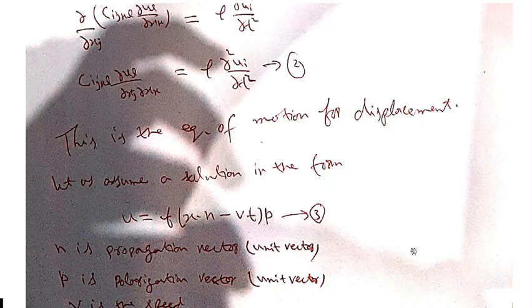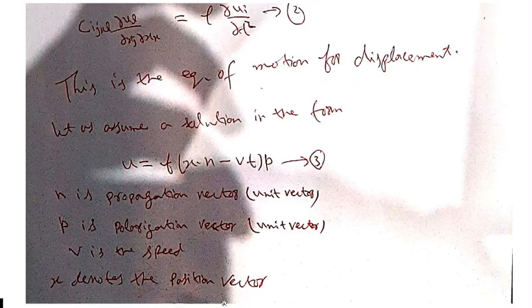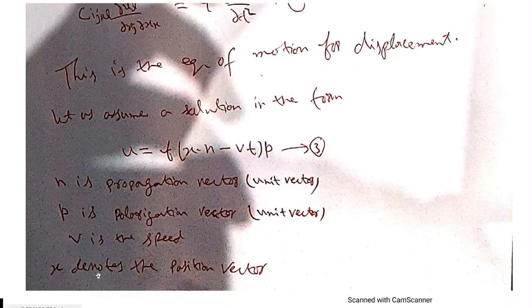So remember these two notations, don't mix them. And what is v? v is the phase speed of the wave, t is the time, and x denotes the position vector of any particle which moves with the wave.